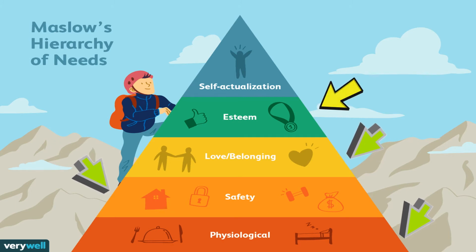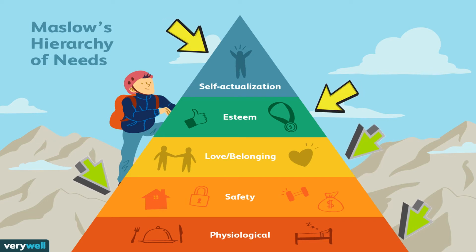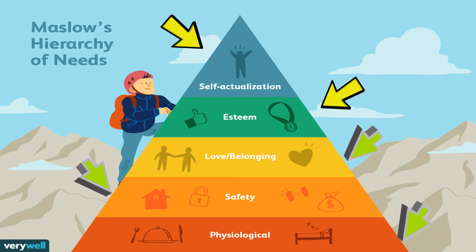If they do that, then they will have self-actualization, meaning they are contented with what they have. They do not need to look for other things. So this is Maslow's hierarchy of needs. We need to go through each level in order to reach the upper level. But the important thing is that we need to have physiological needs, safety, love, and belongingness, and the rest will follow.